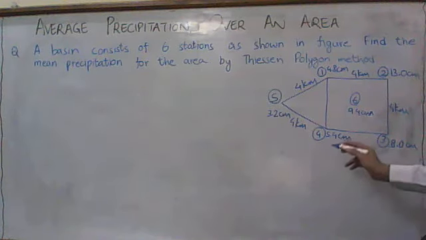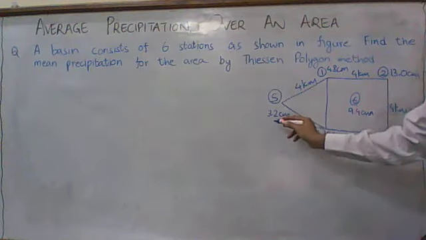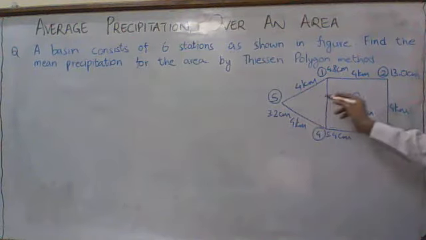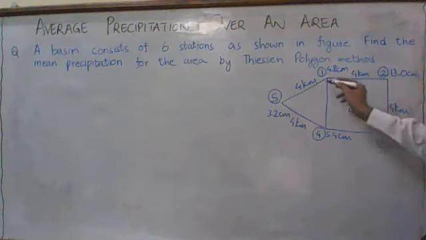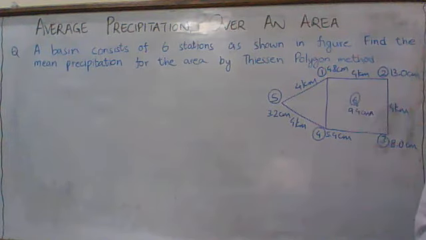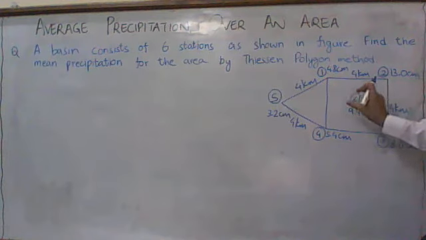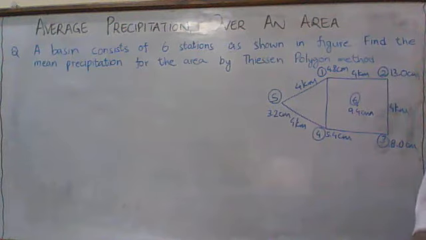At corner 4, it is 5.4 centimeter. At corner 5, it is 3.2 centimeter. And one station is present at the center of the square. This is station 6, and the value of precipitation here is 9.4 centimeter. So you have to find this by Thiessen polygon method.